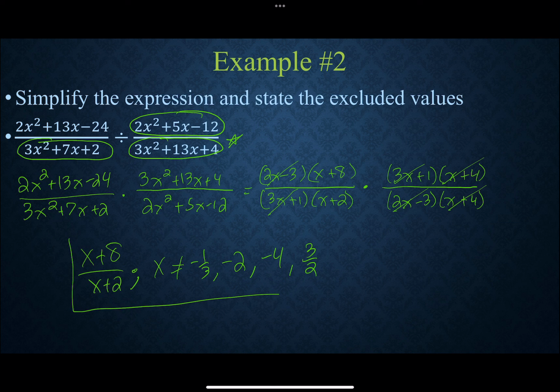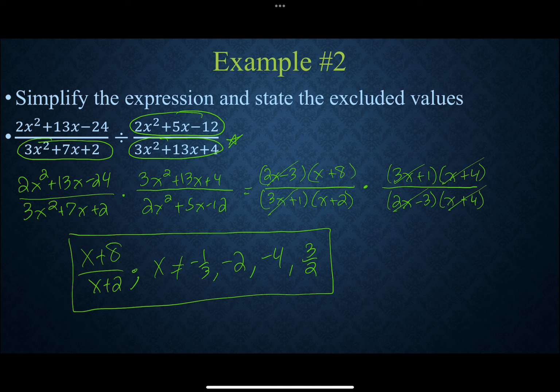So these are our excluded values: negative 1/3, negative 2, negative 4, and 3/2. Again, each of them coming from either the new denominators, or in the case of the 2x minus 3, the original numerator, because again, it had to be flipped when we did that.